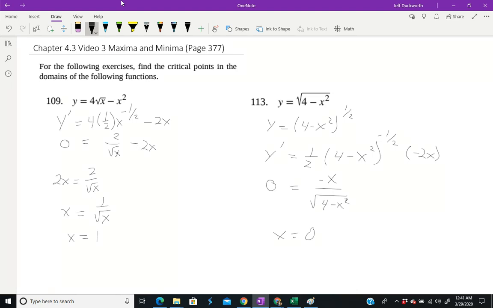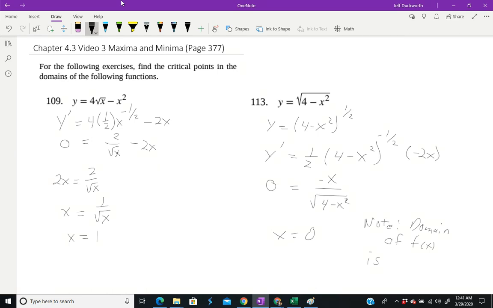Our domain for this, domain of f of x, is going to work as long as x squared is not larger than 4.